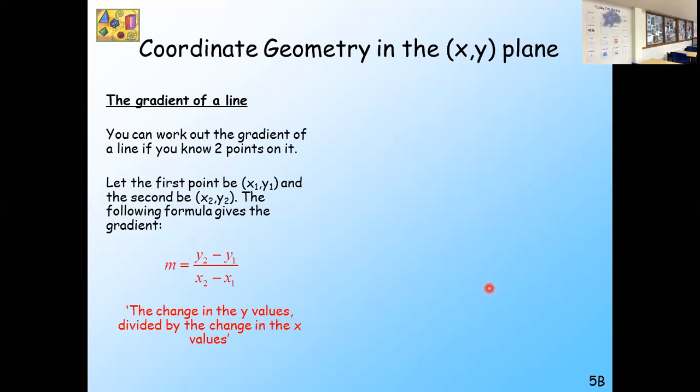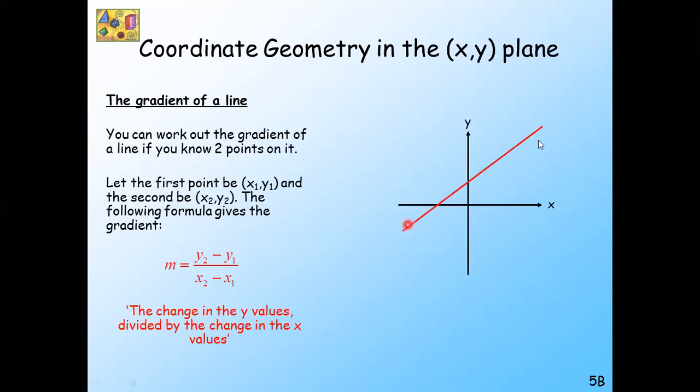Gradient refers to the steepness or slopiness of a line or of a straight line. For example, you can say I have a straight line here. How slopy it is or slanty it is, that is what we refer to as the gradient or the slope of the line. Now, a line slope can either be positive or it can be negative.